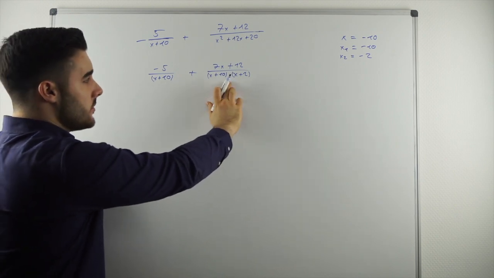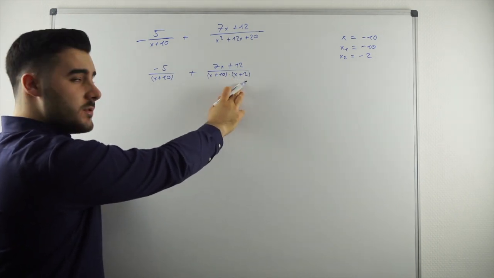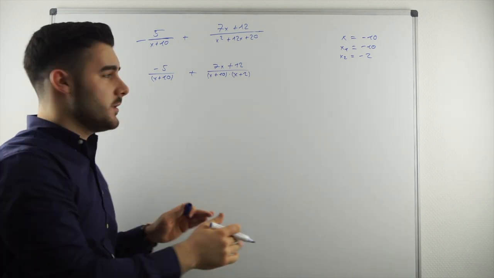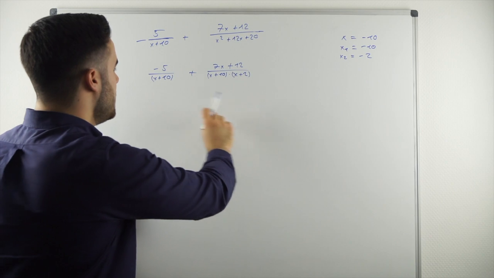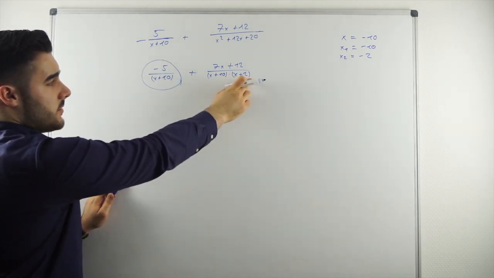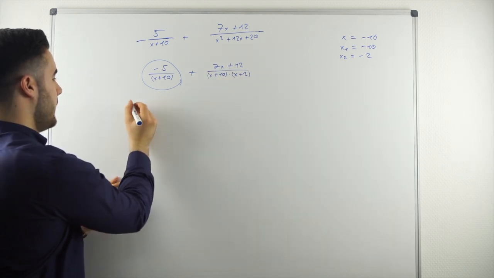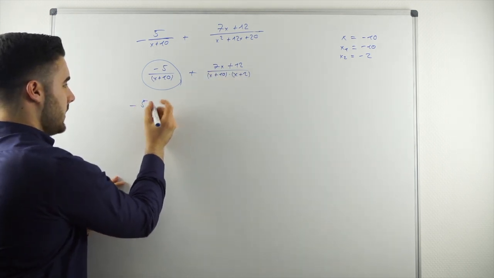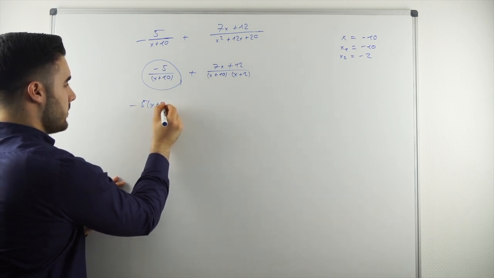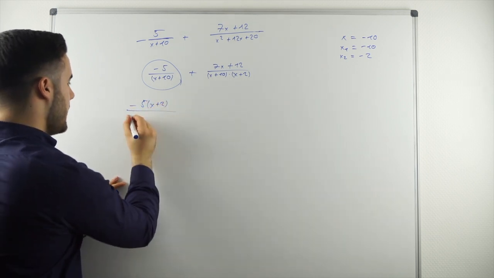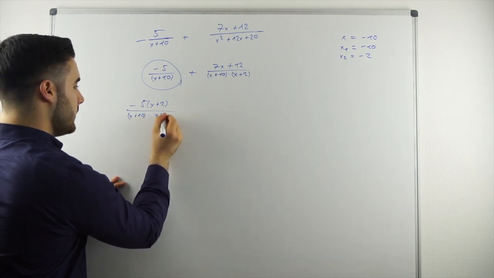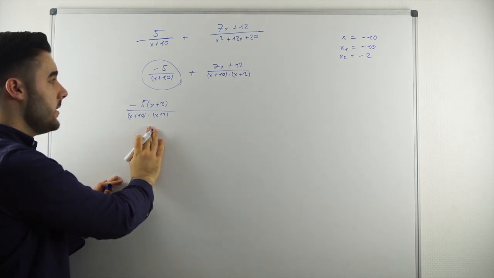We could also try to reduce this thing by x plus 2, but this is going to be a bit more difficult, so what we will do is expand this fraction by x plus 2 in brackets, and what we are left with is minus 5 times x plus 2 in the numerator, and x plus 10 times x plus 2 in brackets in the denominator.